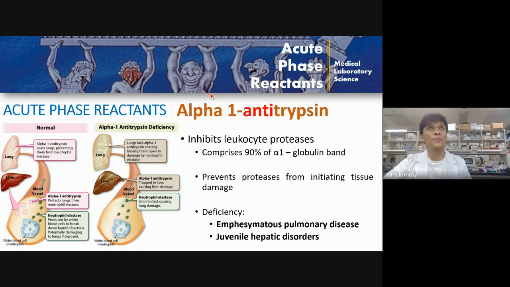Your alpha-1 antitrypsin, in your bacteriology, is discussed specifically in Pseudomonas aeruginosa, which is linked to cystic fibrosis. So hopefully in your bacteriology the alpha-1 antitrypsin is also introduced, so you can correlate.